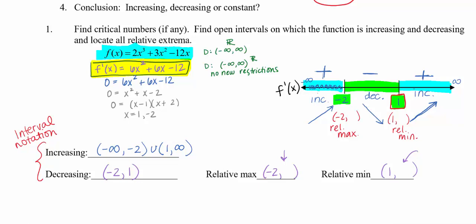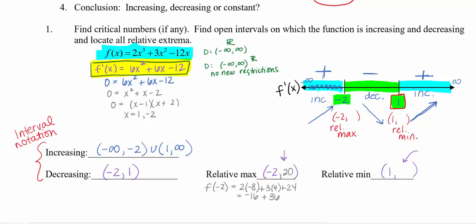So I'll just show that by hand real quick. So I'm going to do f of -2, and it's 2 times -8 plus 3 times 4 plus 24. So -16 plus 36. So I do get 20.